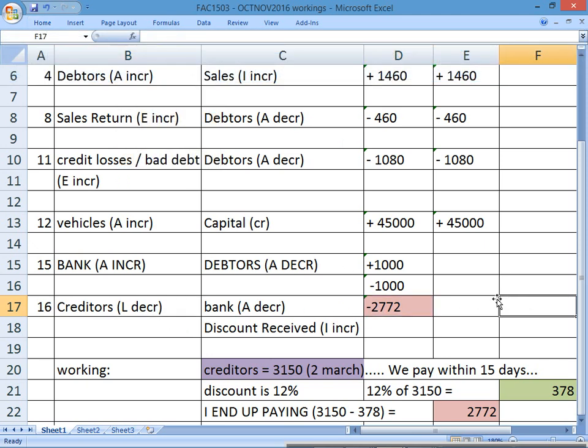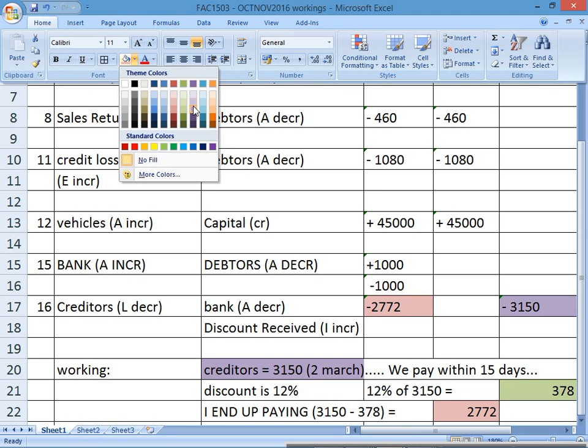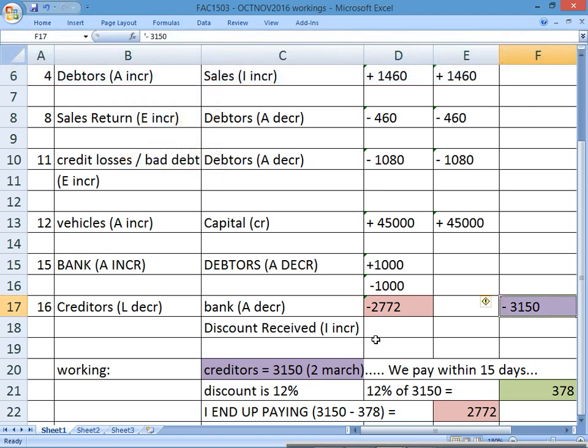Creditors is a liability, so minus 3150. And discount received is an income. If the income goes up, owner's equity will go up, plus 378.